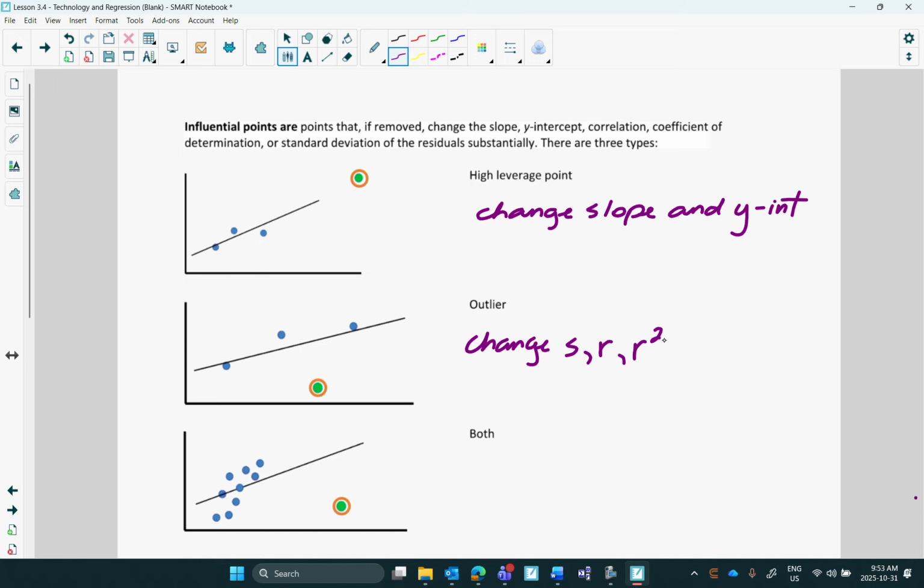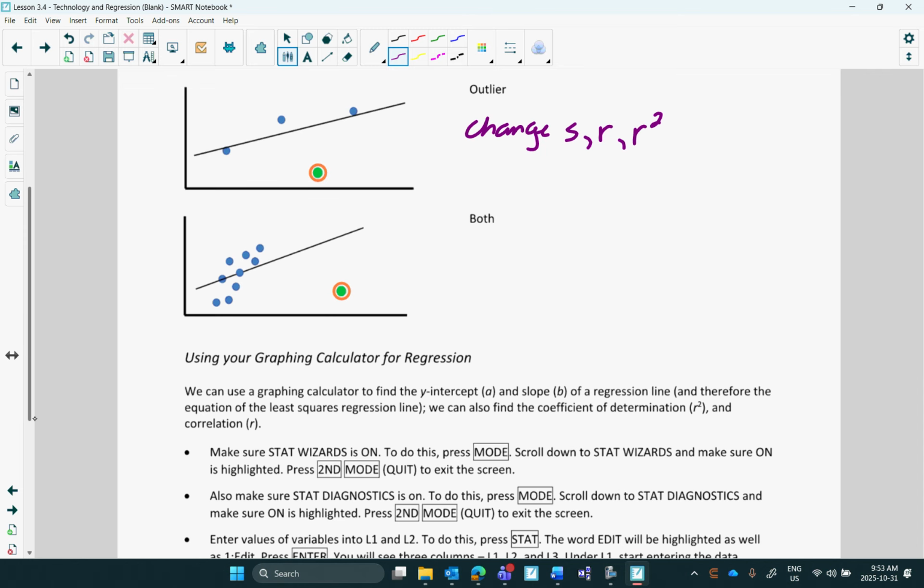If it's both far away horizontally from the mean and well above or well below the line, it changes everything. All five measures: slope, y-intercept, S, R, and R squared. Okay.